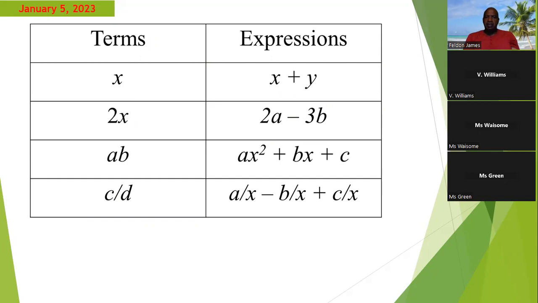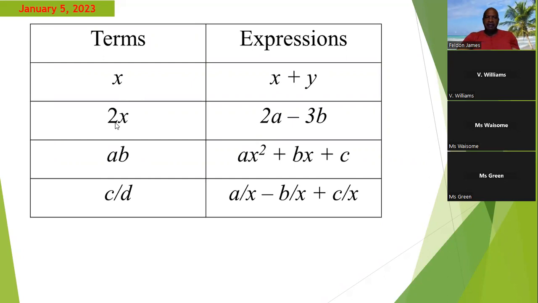So for terms, you can have products, you can have quotients, and products are when you multiply a group of elements together, in this case, numbers and letters. Quotient is when you divide one term by another, one letter by another. So what you notice with term, you can have a single letter by itself as a term.